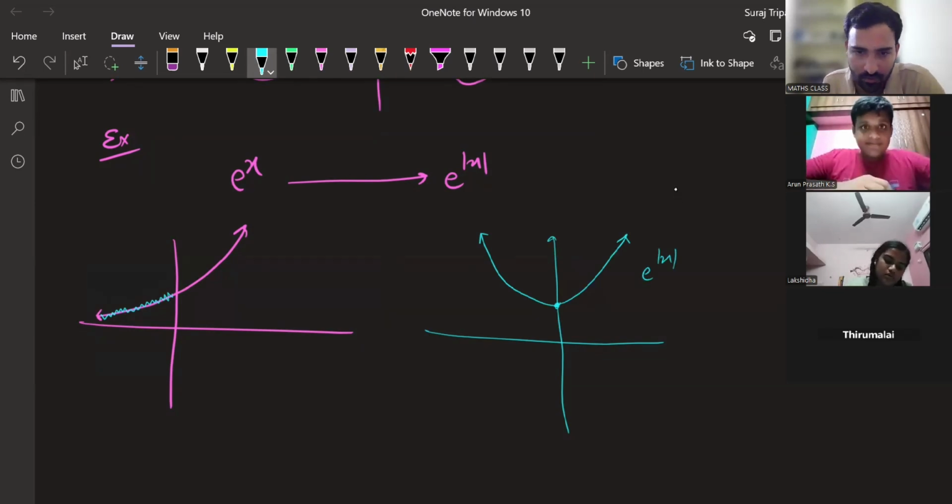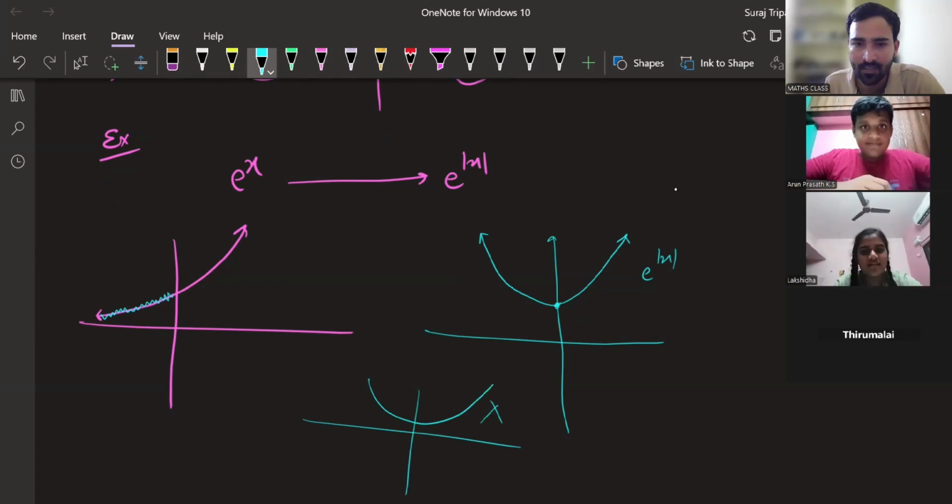As you can see here, at this point there will be a sharp edge like this one. Got it? The graph is not like this one. So at this point, there will be a sharp edge.